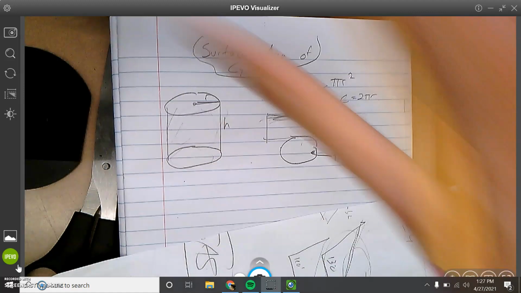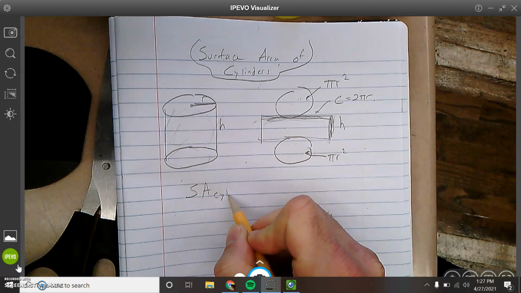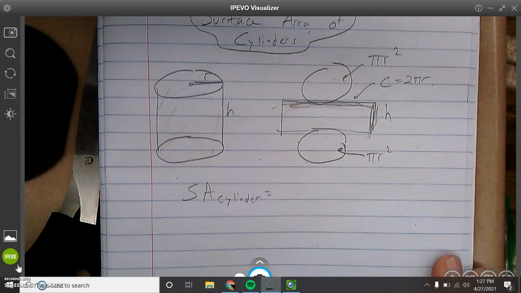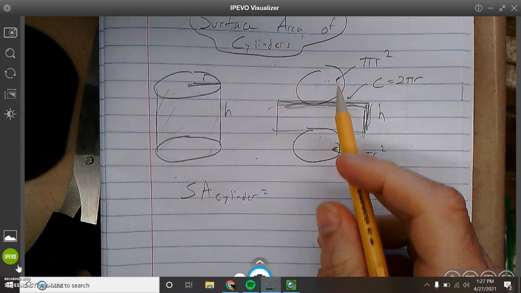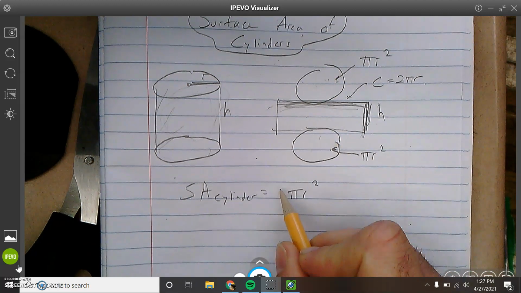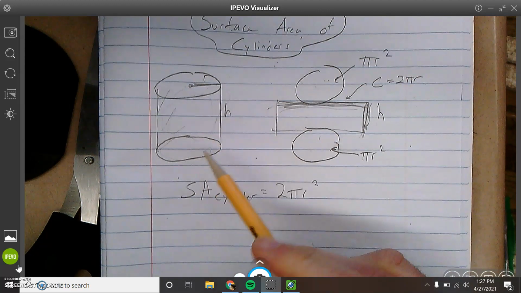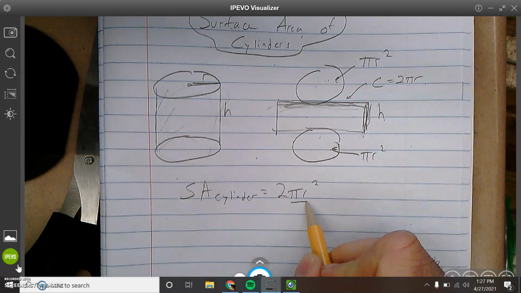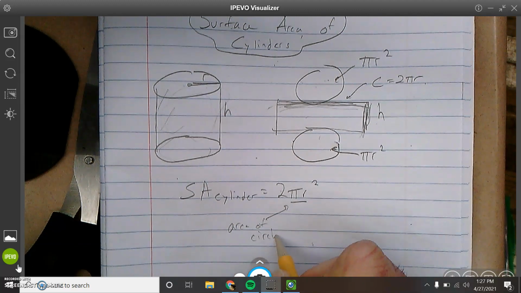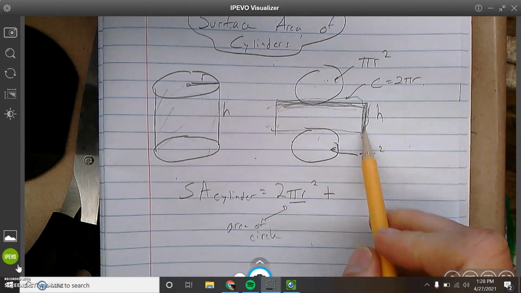So let's put it all together: the surface area of a cylinder. What do we have? We have two circles, right? A circle is pi r squared, but you have two of them, and they're the same, so you multiply by 2. You have a circle on the top, a circle on the bottom. So this is the area of the circles. Label this with me so you know what is going on. Plus, we have the rectangle.